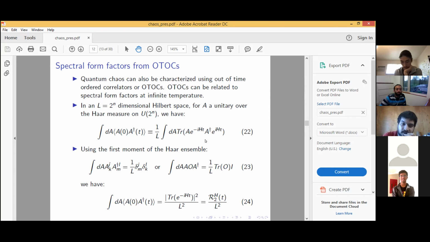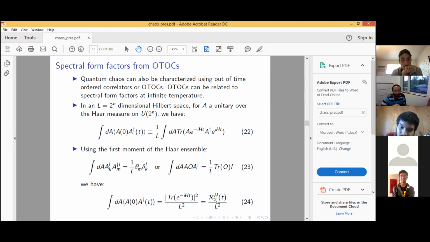When we compute the Haar integral, the integral dA of this 2-point function is trace of e to the minus iHT squared divided by L squared, which is precisely R2(H) divided by L squared.